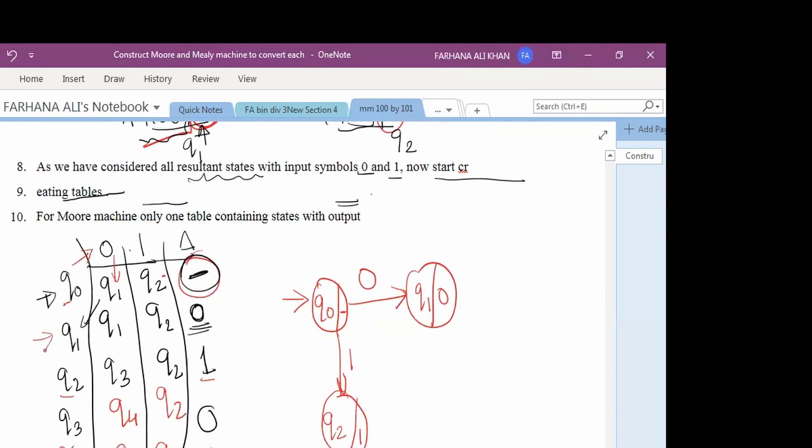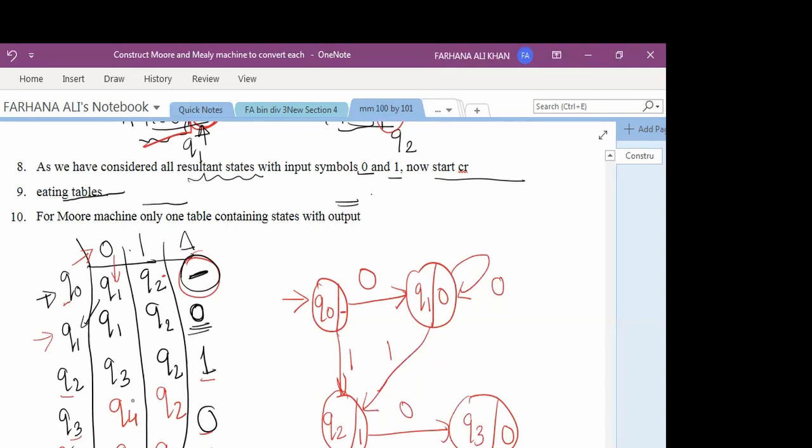Now we consider Q1. Q1 on 0 is going to Q1 only. On 1 it is going to Q2. Now Q2 on 0 is going to Q3. What is the output of Q3? Before writing the state, we note down the output also, put a slash and note down the output of the Q3 state.